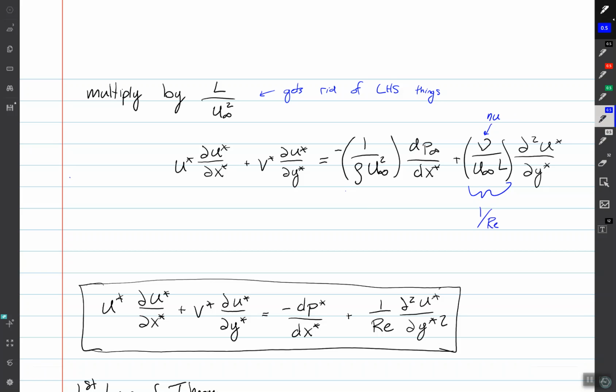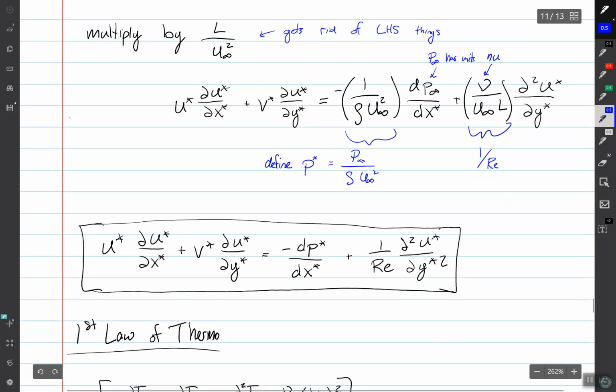And this guy here, we actually have P infinity, which has units still, so we can define a new dimensionless variable P star as P infinity over rho u infinity squared.